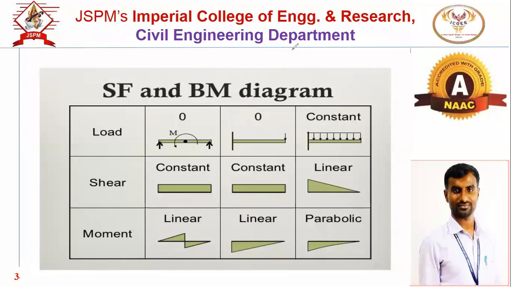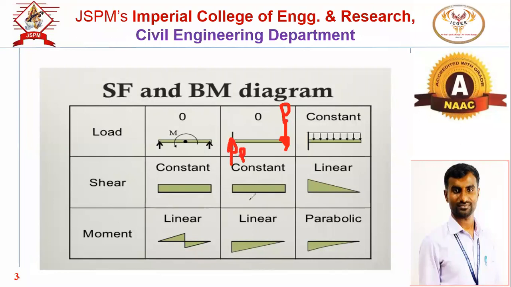Then cantilever beam. In case of a cantilever beam subjected to a point load at the free end, suppose this is P, then the reaction at the fixed end will also be P in the upward direction.